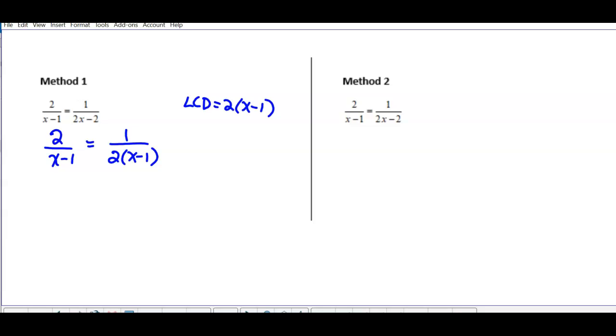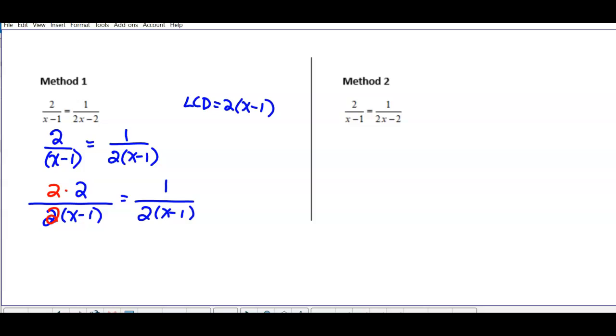Okay, because this is x minus 1 here, so it's like a factor. So 2 times x minus 1. So there's nothing to change on the right-hand side. On the left, we had to multiply this by 2. Okay, there was a 2 there to start.